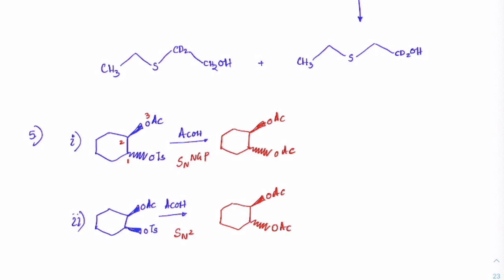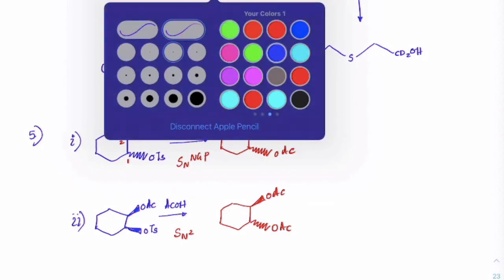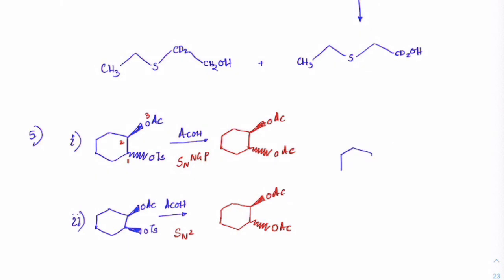In the first part, if you form a ring and attack on the other carbon in which the leaving group was not there, I'll show you that. We have oxygen and C double bond O present here, and then there is a leaving group going from here, OTs.